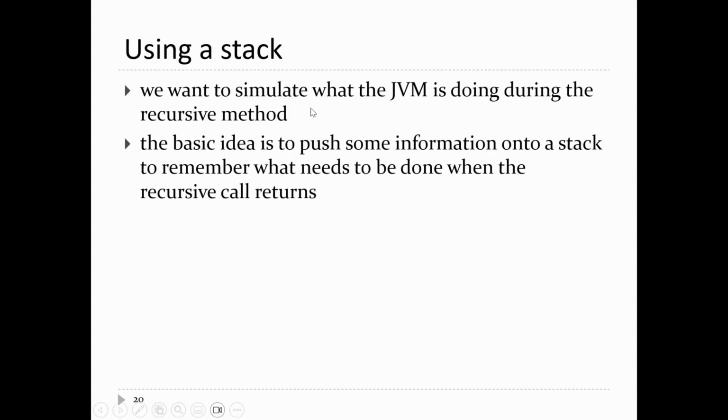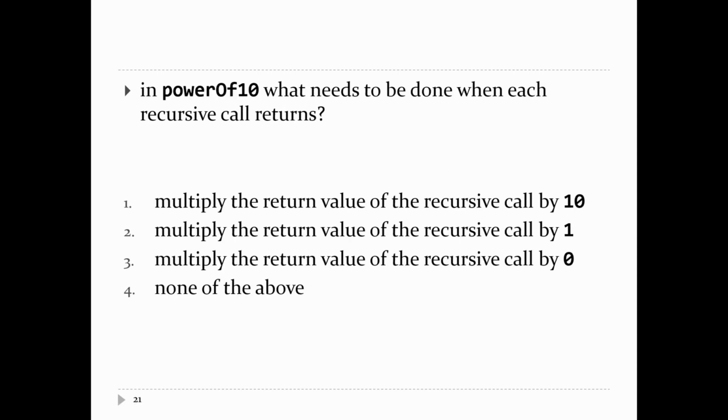Okay, so if you want to take a recursive method and turn it into an iterative one, you can simulate that stack yourself. So the basic idea here is I want to push some information onto a stack to remember what needs to be done when each recursive call returns.